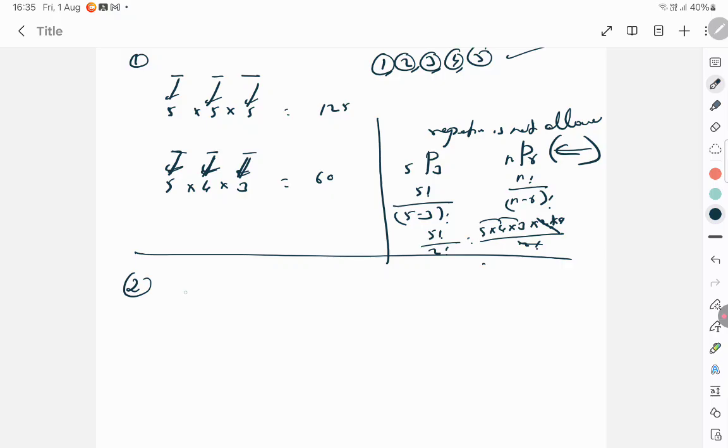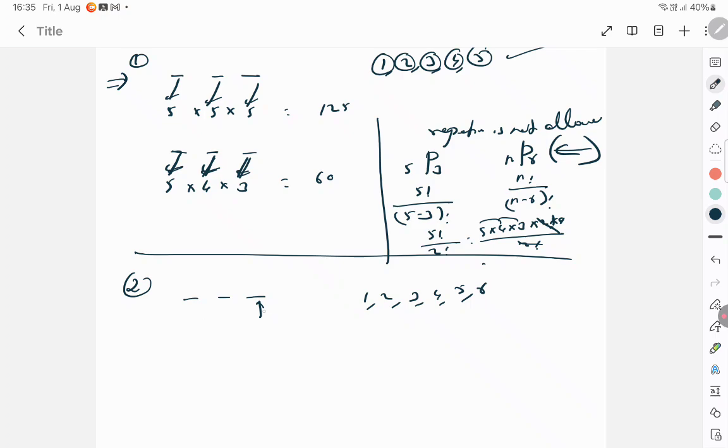How many 3-digit even numbers can be formed using 1, 2, 3, 4, 5, 6? If repeats are allowed, then you have to do it this way.